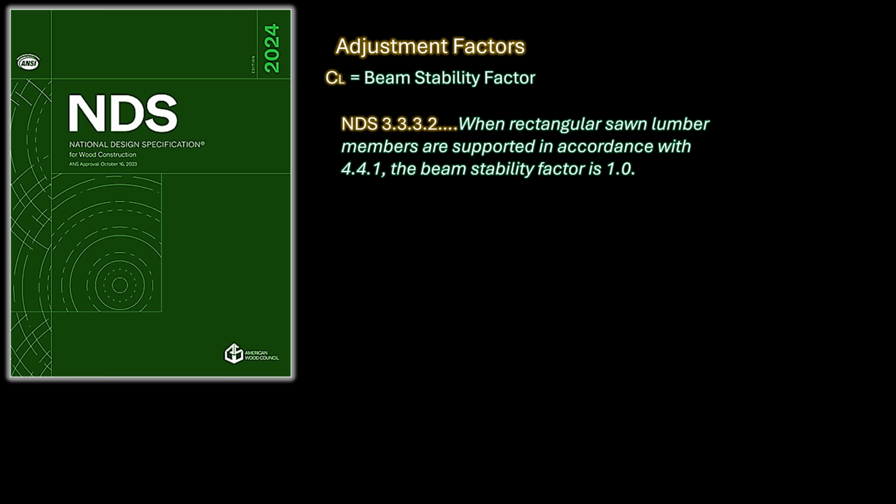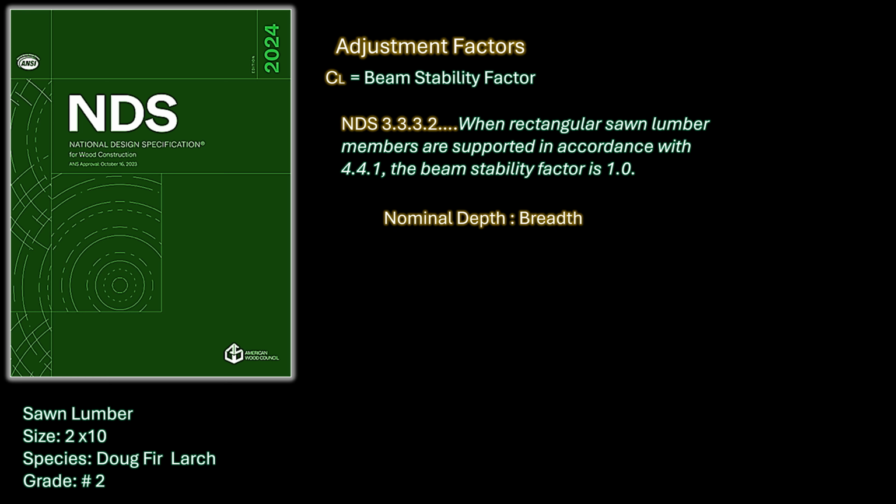Section 4.4.1 provides lateral restraint requirements for rectangular sawn lumber members based on their depth-to-breadth ratio based on nominal dimensions. We are using 2x10 joists, which means that the nominal depth-to-breadth ratio is the quotient of 10 and 2, which is 5.